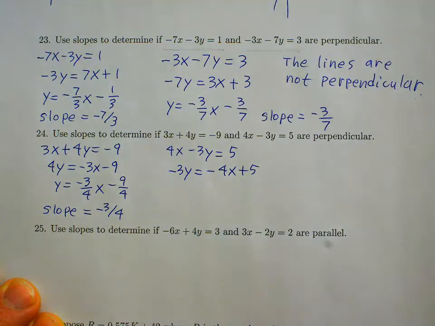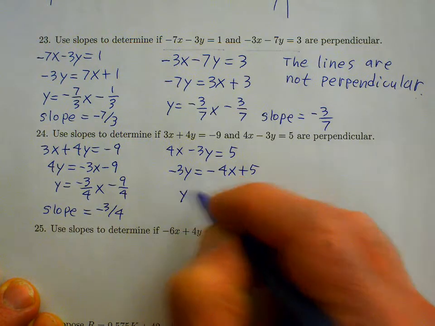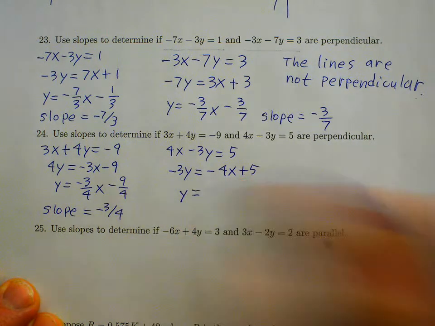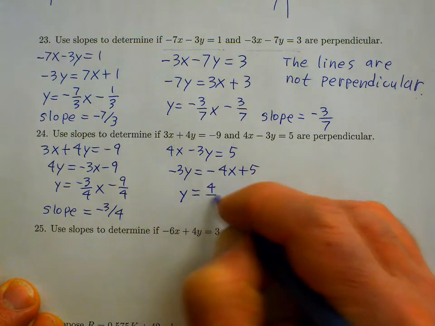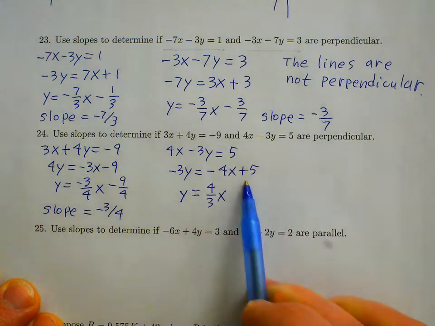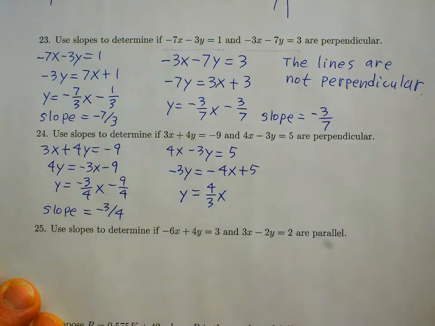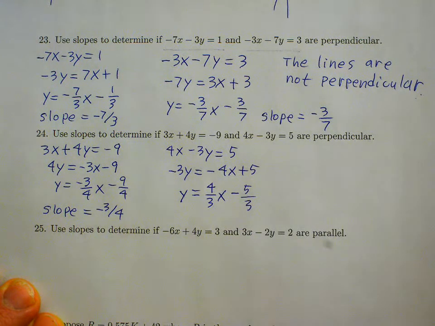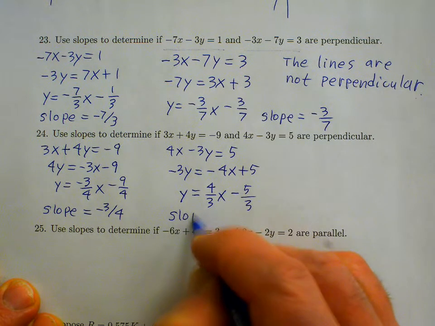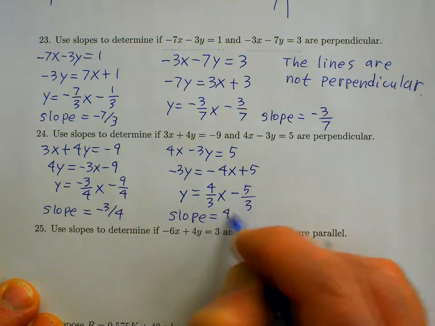Negative 3y divided by negative 3 is positive 1y, or y. Negative 4x divided by negative 3 is positive 4/3 x. And then 5 divided by negative 3 is negative 5/3, so we write minus 5/3. The slope of this line is positive 4/3.